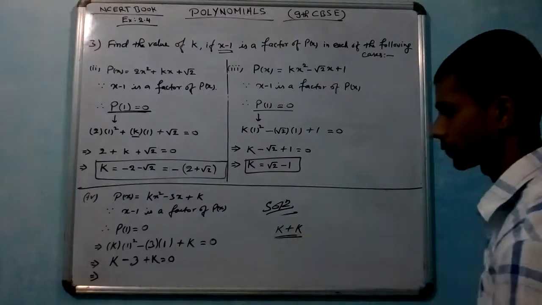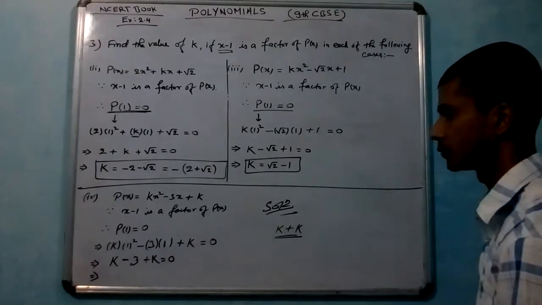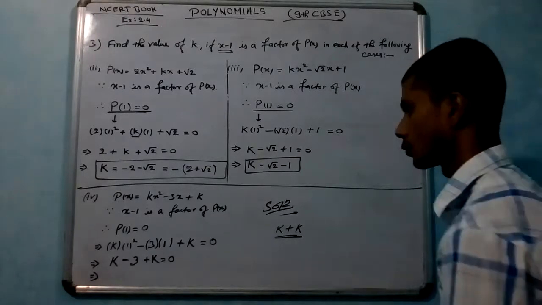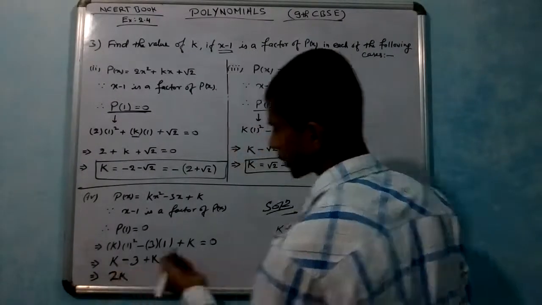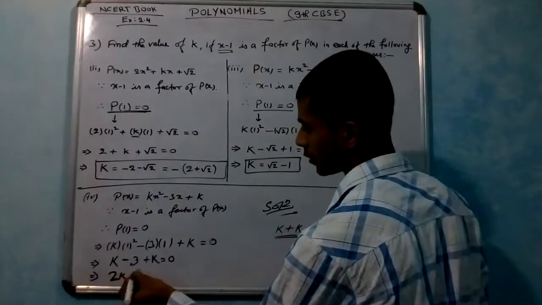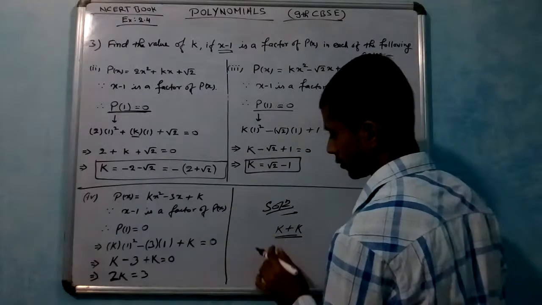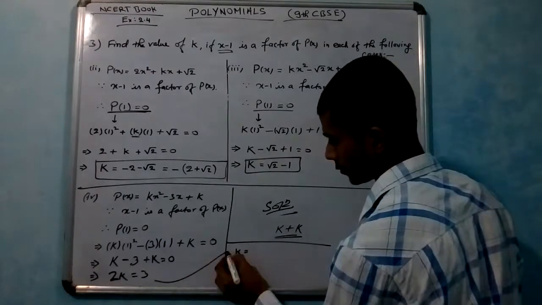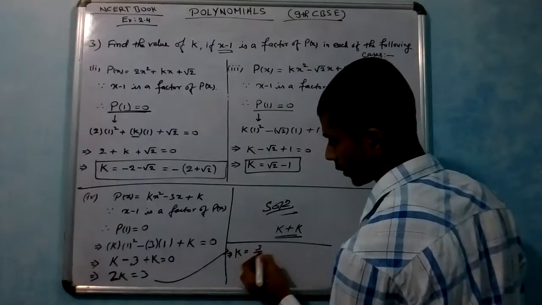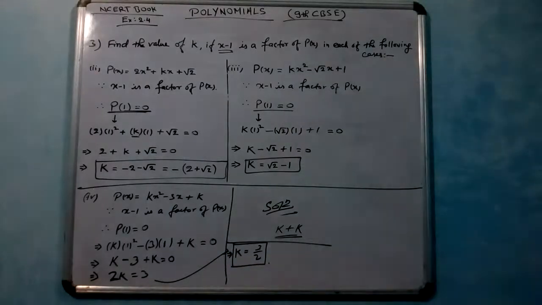K plus k how much? So much time you are taking as if you are seeing the solution somewhere and then replying. K plus k is 2k, sir. Is equal to 3. Next what? Which implies k is equal to 3 by 2. So the answer is 3 by 2. Okay. Correct?